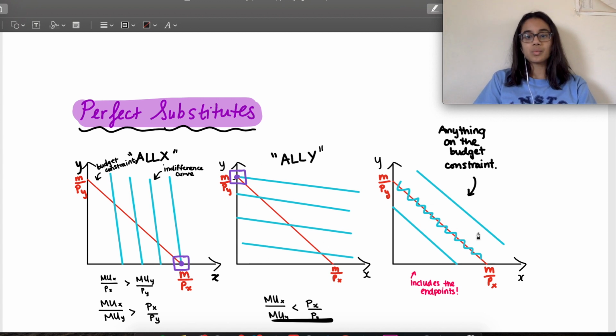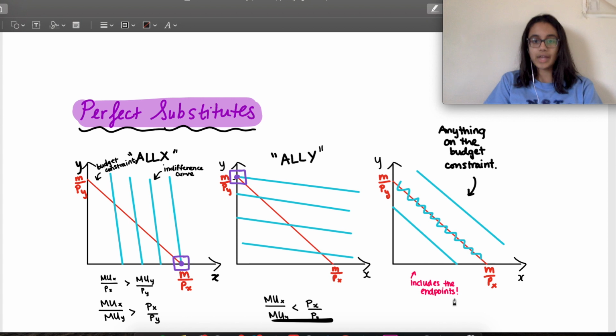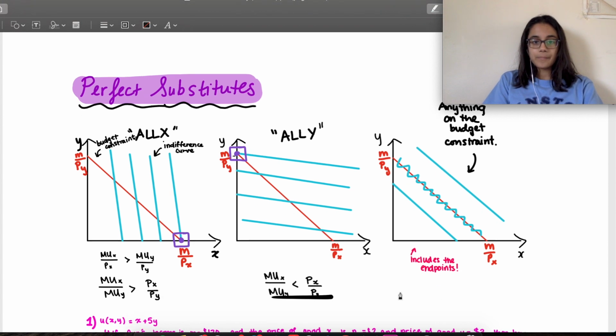Finally, one important thing to know is where the slope of my indifference curve is the same as the slope of my price ratio. Here MRS is equal to my price ratio.